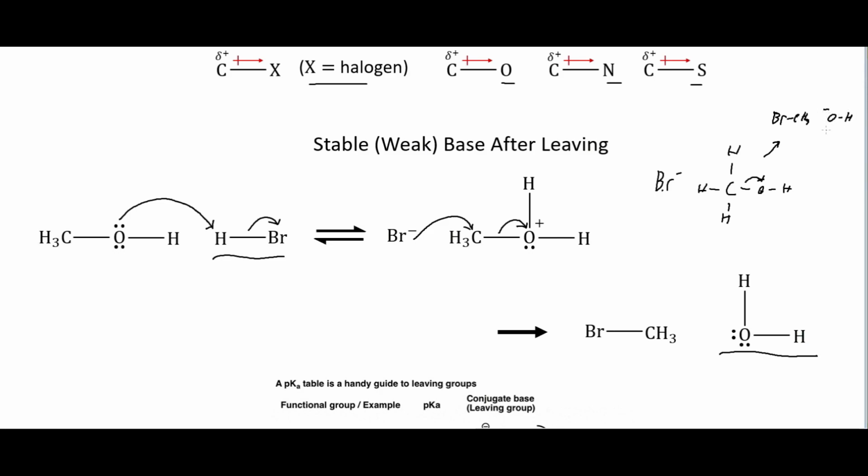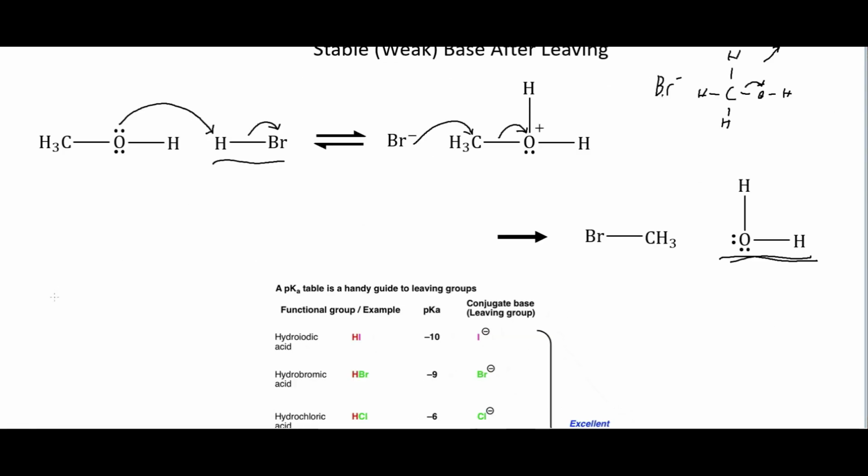And so this is going to be a less stable leaving group because it's a stronger base than this water, which is a weaker base. And so putting in that acid like that can actually help increase the rate of the reaction.